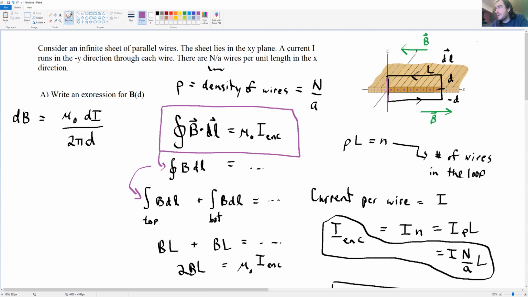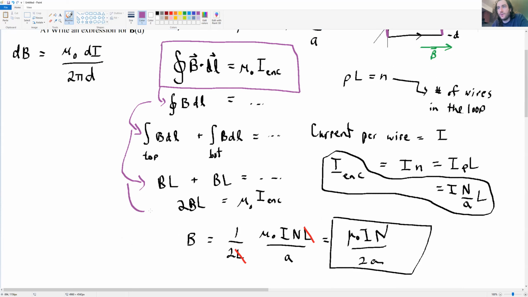The pieces on the side are going to give 0 for the integral. It is a closed loop integral, so we do have to do those integrations on that part of the loop, but they're going to be 0, so we skip them. So top and bottom is the same, so B times L in both cases, and then ultimately 2BL.